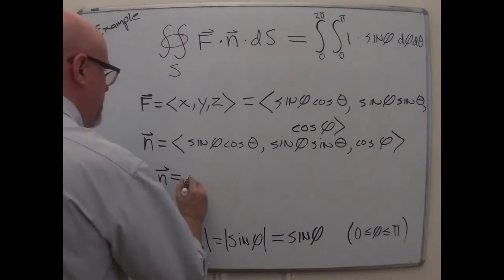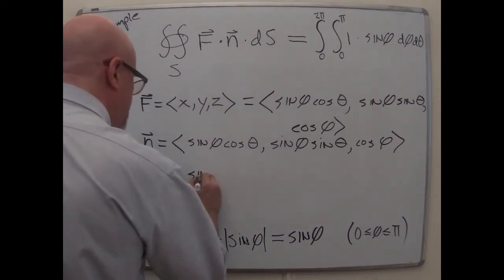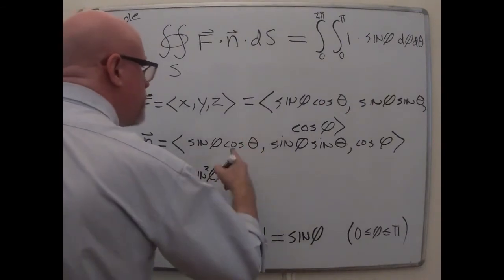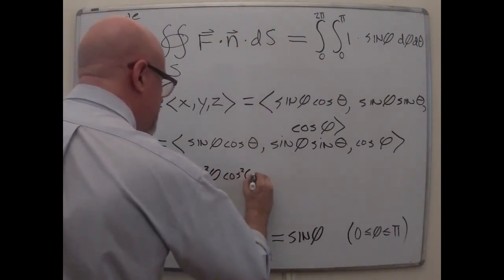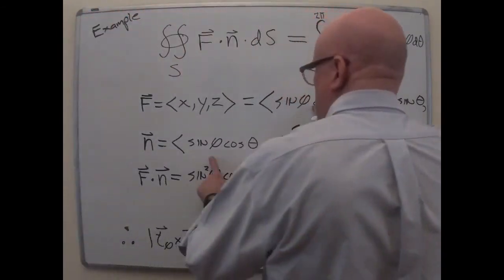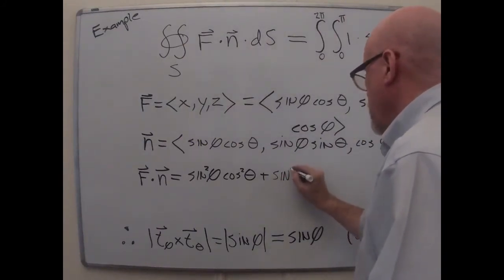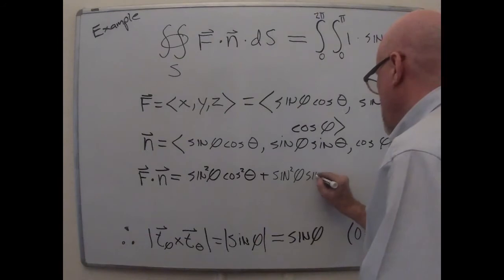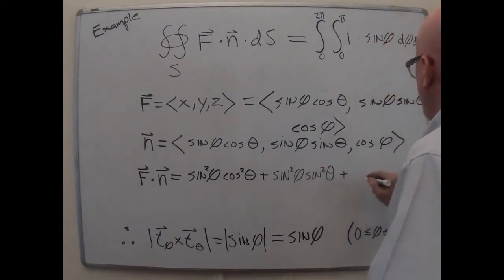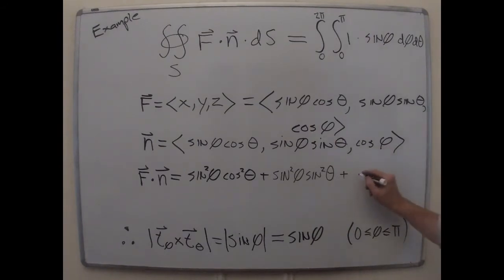So f dot n is sine squared phi cos squared theta, plus sine squared phi sine squared theta, plus cos phi times cos phi, or cos squared phi. And, whoops, not a vector, that's just the dot product. So we did this previously and saw that that computation gives us 1.